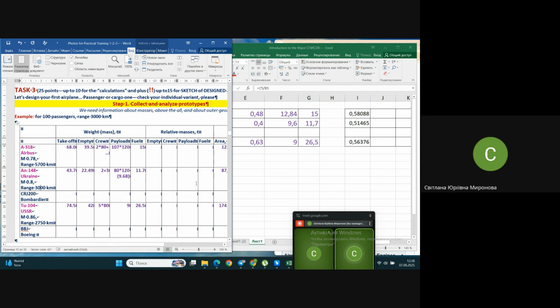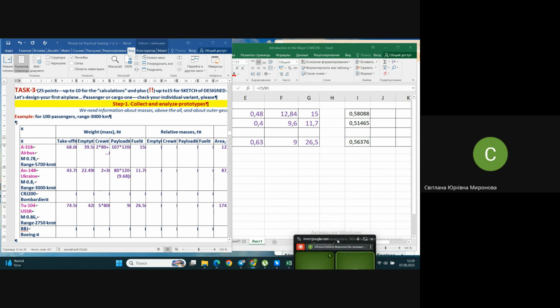And A318 just has another operating range. So when collecting the data, try to keep plus minus 10%, no more, dispersion of passenger and range values in order to reduce your problems, as I said.